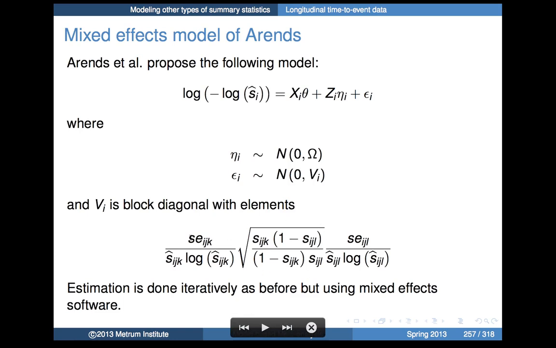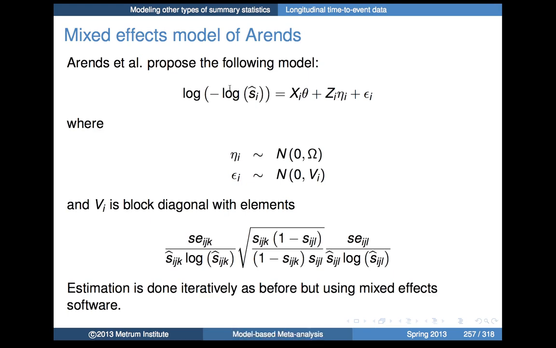But now rather than multiplying simply by the standard error of the kth element in the lth observation, we multiply by some function of that. That's the standard error divided by s hat times the log of s hat, both at the kth time point and then over here at the lth time point. And that transformation comes in simply as an approximation to what the variance should be on the log minus log scale.